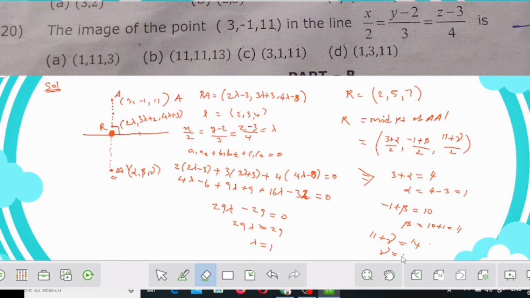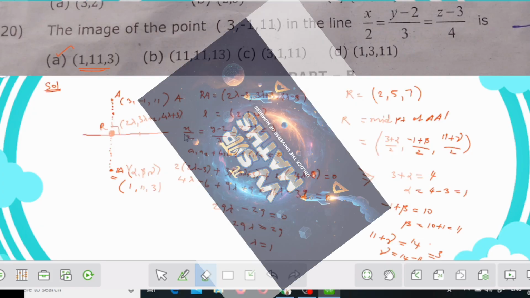So gamma equal to 14 minus 11, which is 3. So alpha equal to 1, beta equal to 11, gamma equal to 3. So the image A dash is (1, 11, 3). So option A is the right answer.